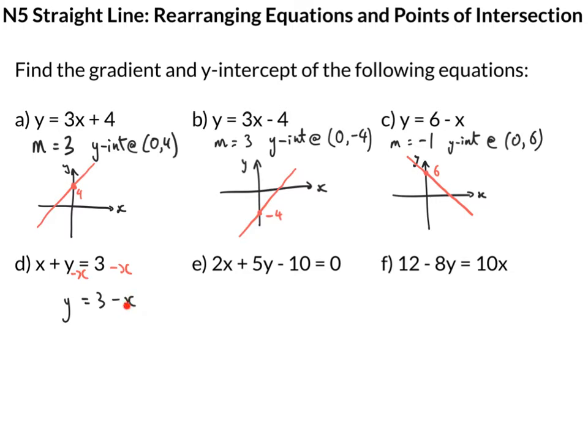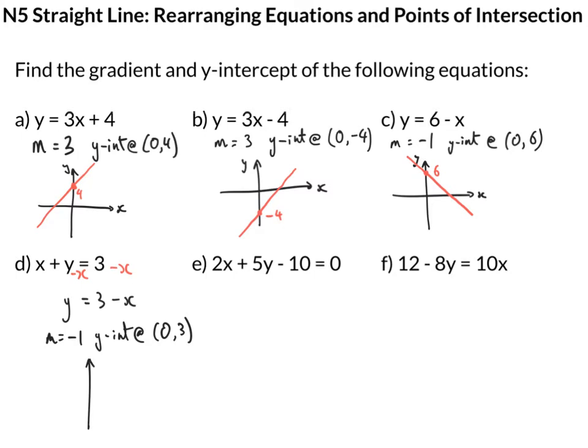I've got a gradient of negative 1 because my coefficient of x is negative 1. My y-intercept is at 0, positive 3 because this term on its own is positive 3.